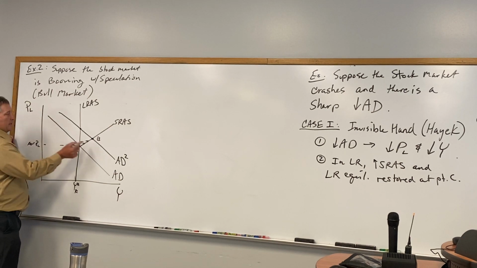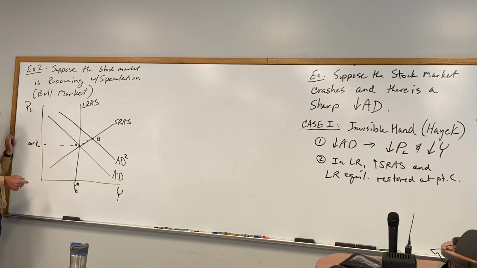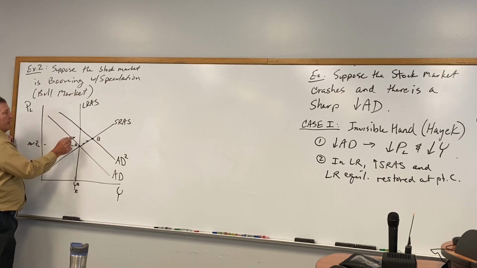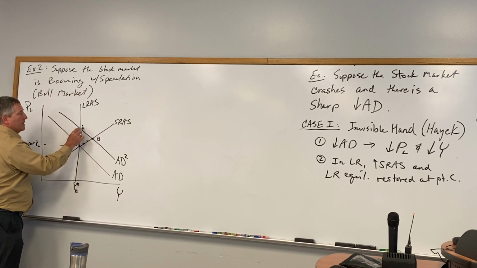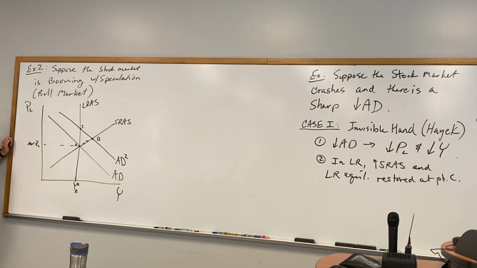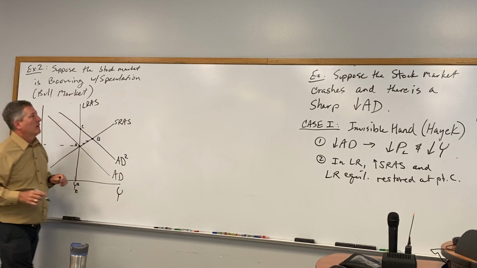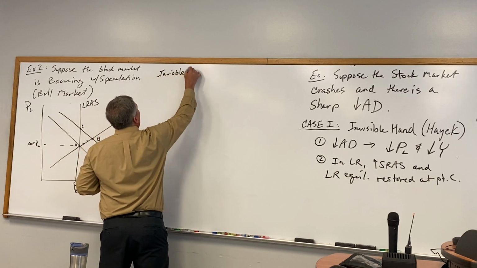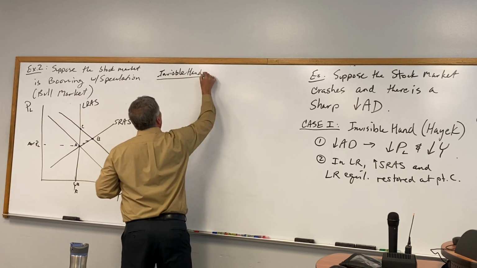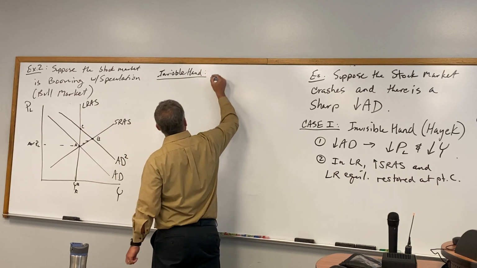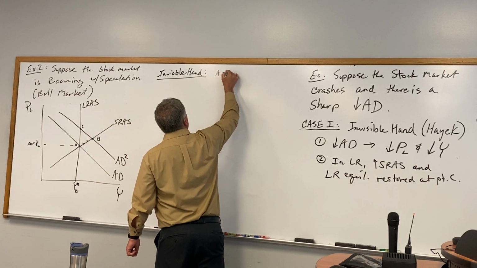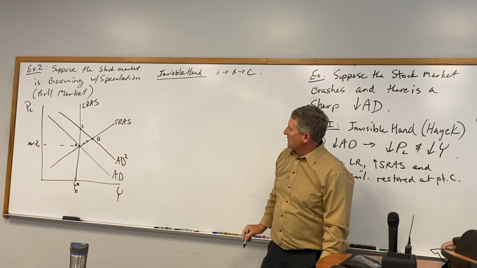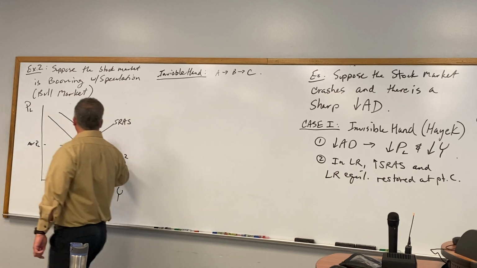In the long run, this was kind of the Nadia effect, if you look back in your notes, where we had some sort of expansion in aggregate demand. In the long run, this would end up being inflationary. We'd go to C. So with our invisible hand case, we go from point A to B to C. I'm going to start using shorter and shorter notation just so you guys have the idea.